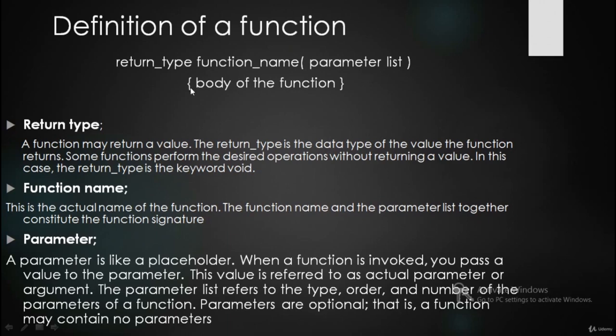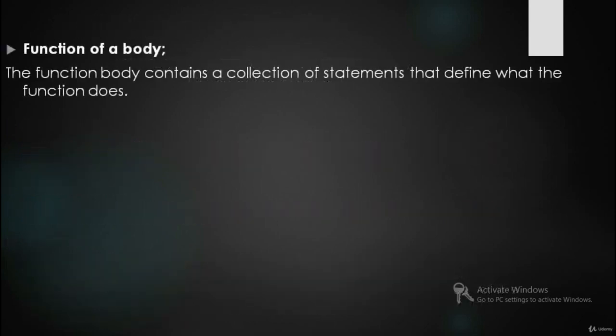And what is contained in the braces is called the body of the function. So in the definition of a function, we have the return type, function name, parameters, and then the function body.